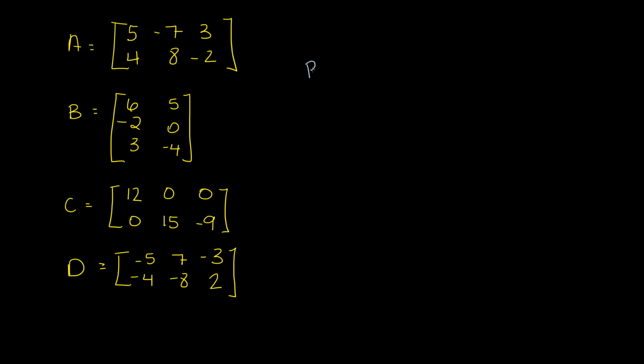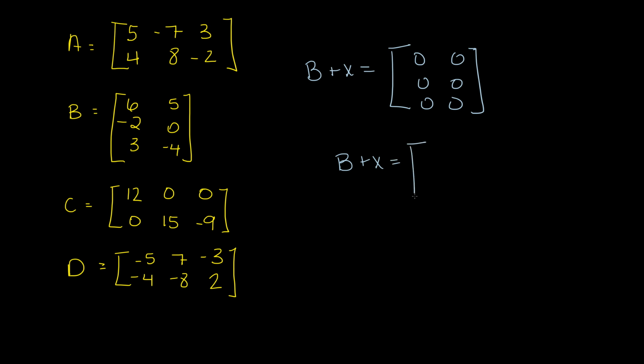So I'd have B plus X, and when I add those, it would be equal to 0. B plus X would equal 6, 5, negative 2, 0, 3, negative 4.